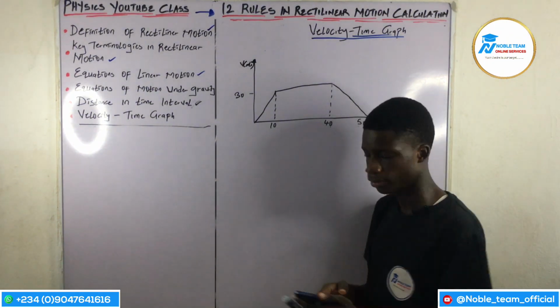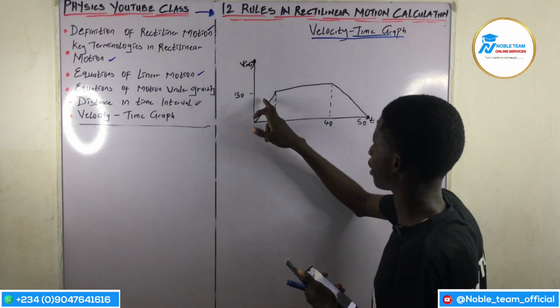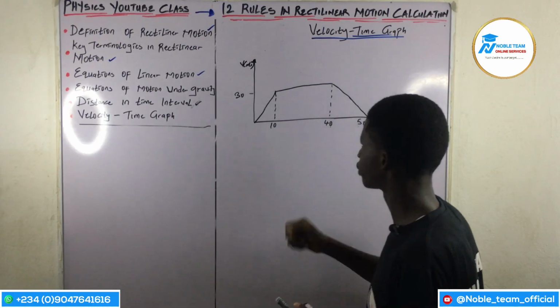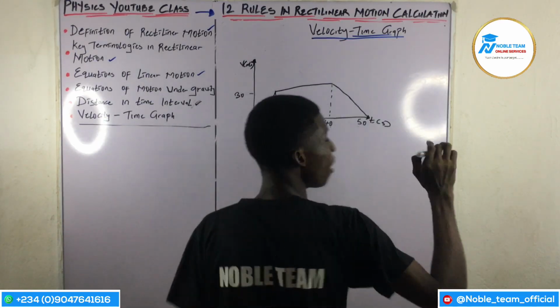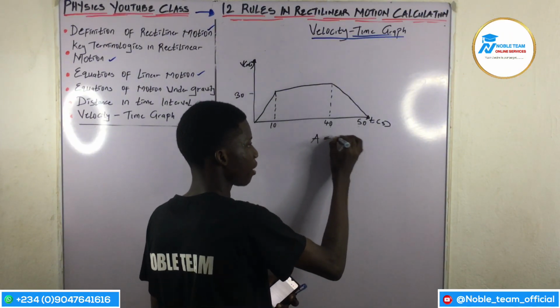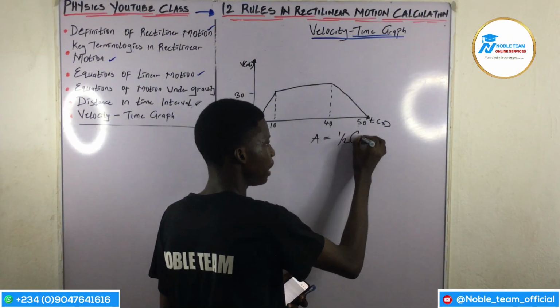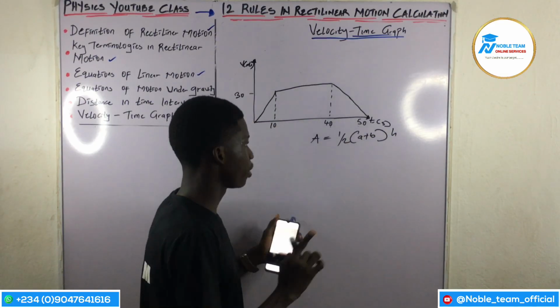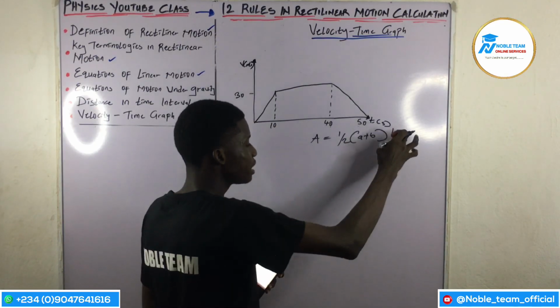Now follow me. Let me hold my phone because I'm going to be calculating something. This is the formula for trapezoid, which is A is equal to half (A plus B) multiplied by height. You understand?